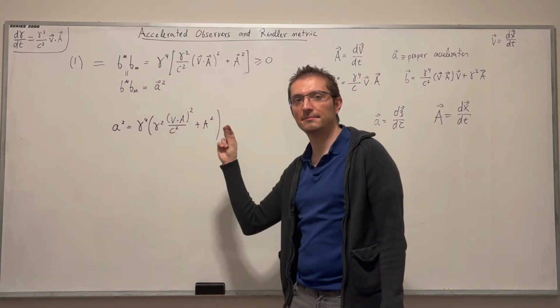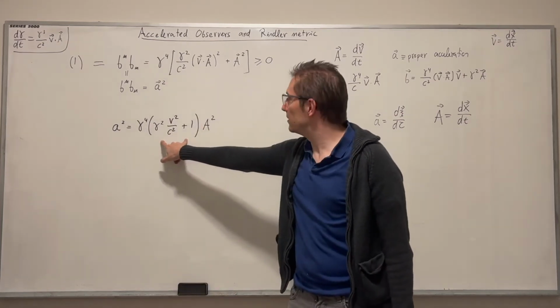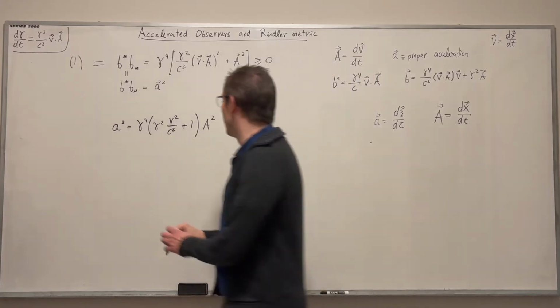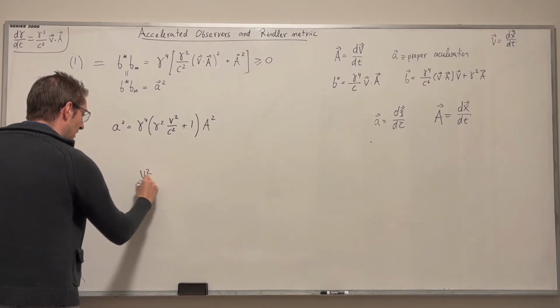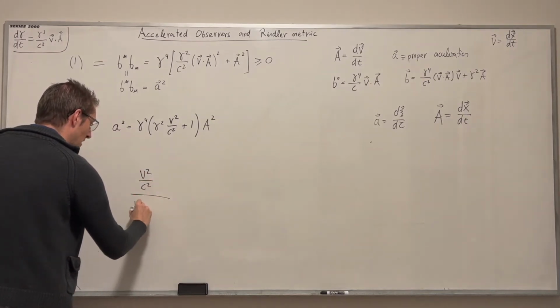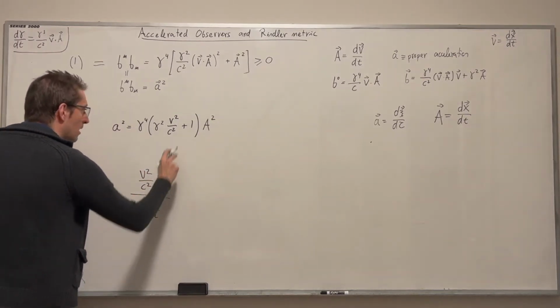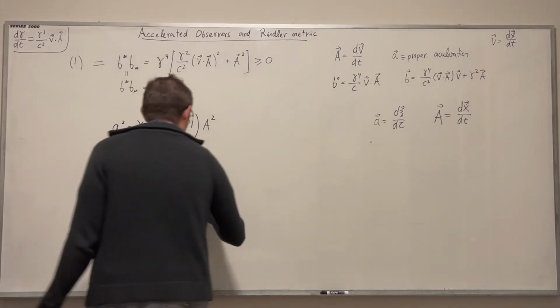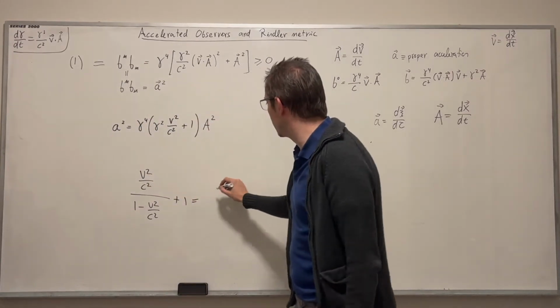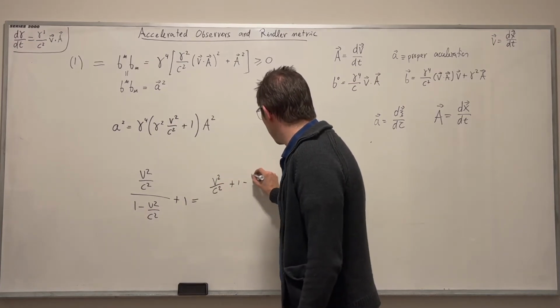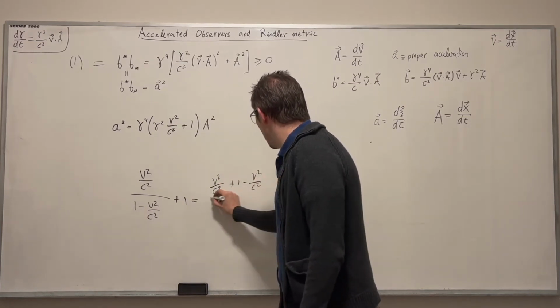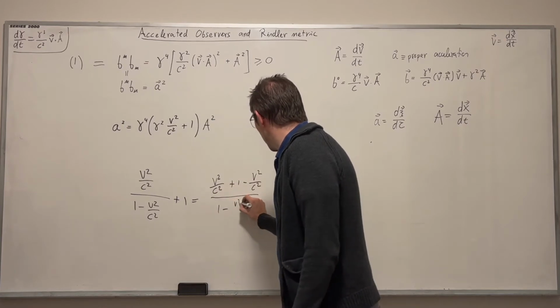Let me do that. And now we have this factor here. But this factor is a very easy one. Let's write gamma squared b squared over c squared. That would be b squared over c squared divided by 1 minus b squared over c squared, plus 1, which is very easy. You can see a common denominator gives b squared divided by c squared plus 1 minus b squared divided by c squared, all divided by 1 minus b squared over c squared.